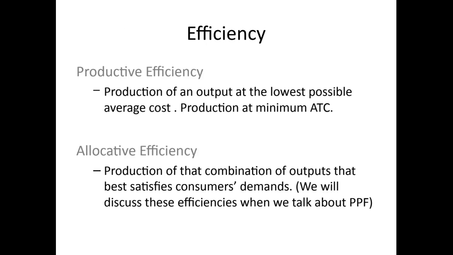Now we talk about two different types of efficiency. One is productive efficiency and the other one is allocative efficiency. First let me read the definitions. By productive efficiency, I mean production of an output at the lowest possible average cost.